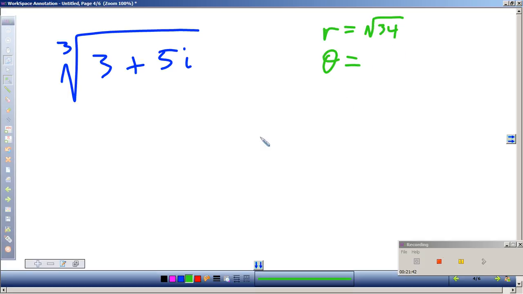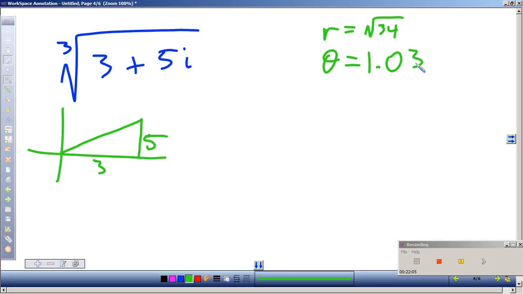What is theta? Okay, 1.03. And you did that by doing inverse tangent of 5 thirds. Okay, so 1.03. Everybody with me so far on what we've done? Anybody not with me or confused about how we got these numbers?